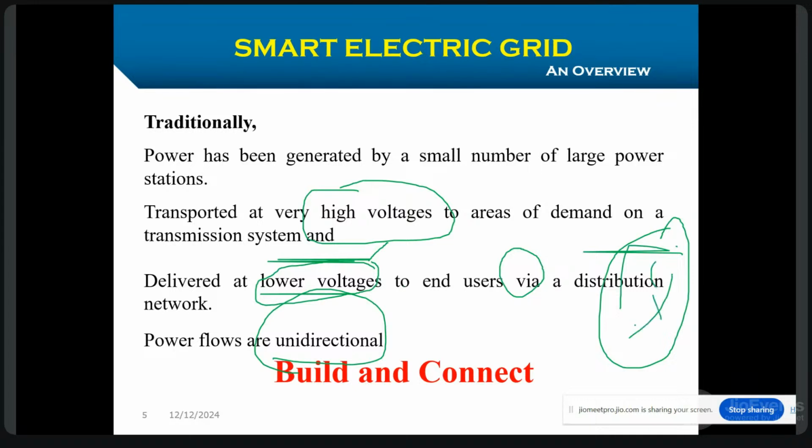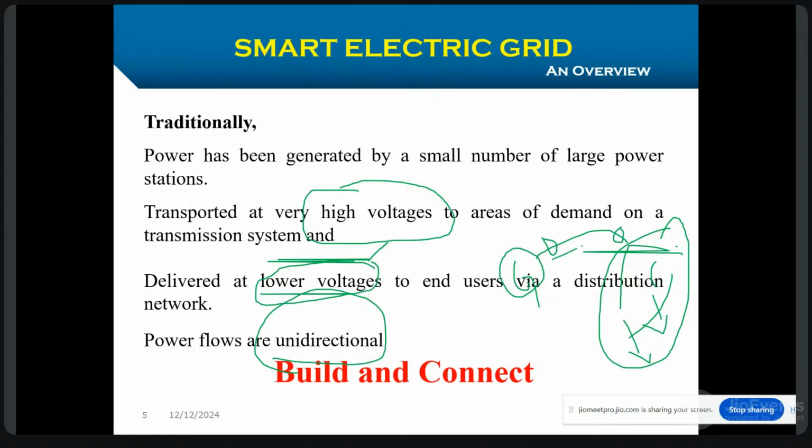To meet this load requirement, we build a generating station somewhere away from the loads, and we connect this generating station with the loads. We step up the voltage here, and here we step down the voltage.